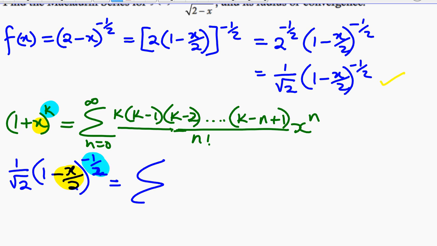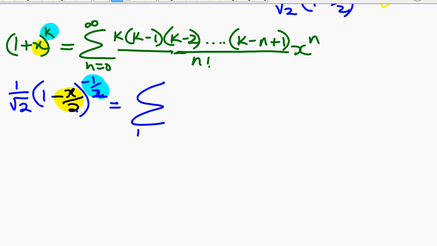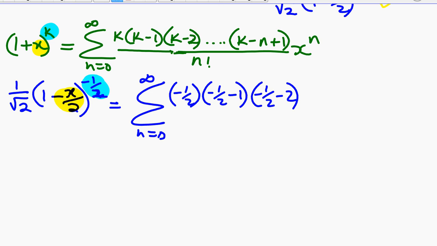the sum from n equals 0 to infinity. And then what I have is, if I replace k with negative a half, that will be negative a half into negative a half minus 1, negative a half minus 2, up to negative a half minus n plus 1, and then multiplied by negative x over 2.